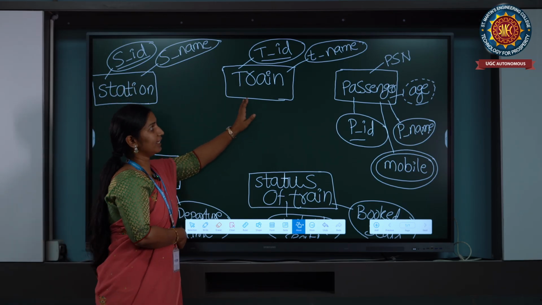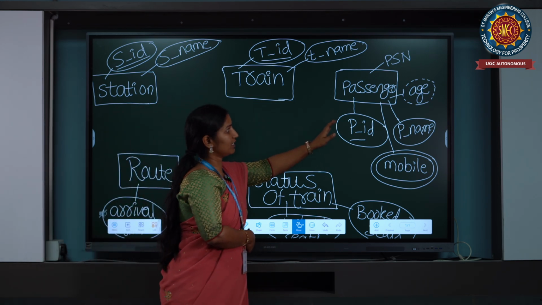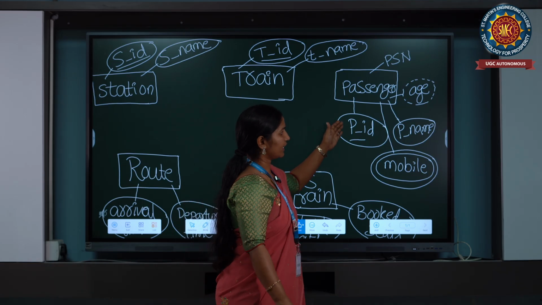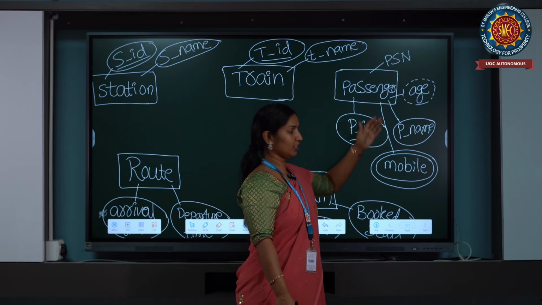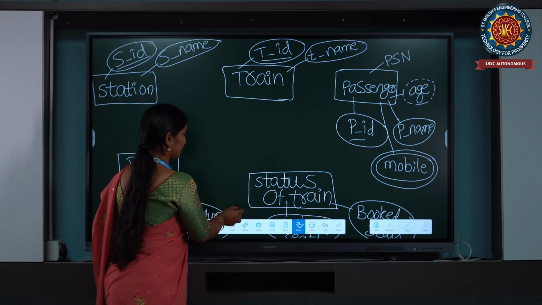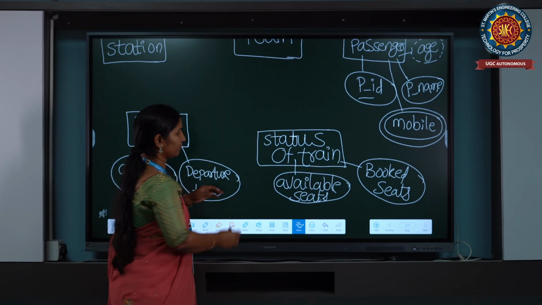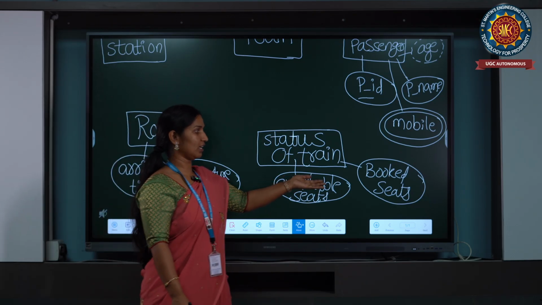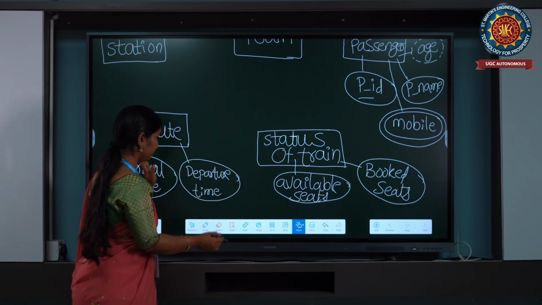For the train, train ID and train name. For the passenger, the different attributes are passenger ID, passenger name, age and mobile number. The next one is the status of the train: how many available seats there are and how many seats are booked.